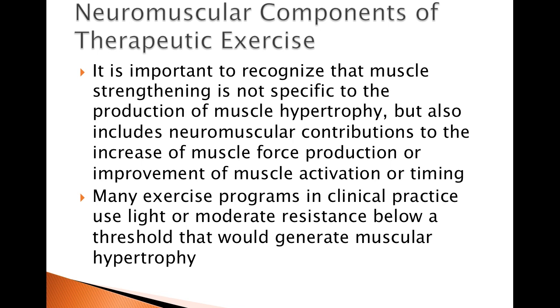There's still improvement of muscle activation and timing. So actually, a lot of exercise programs that we do in the clinic use very light or moderate resistance below that threshold that would generate muscular hypertrophy. Okay, so you're still getting effects even though you're not doing heavy weight. And for a lot of muscles, you don't need to be using heavy weights.